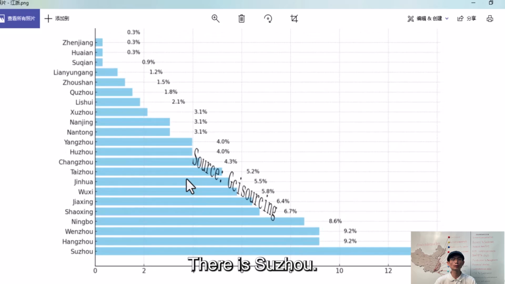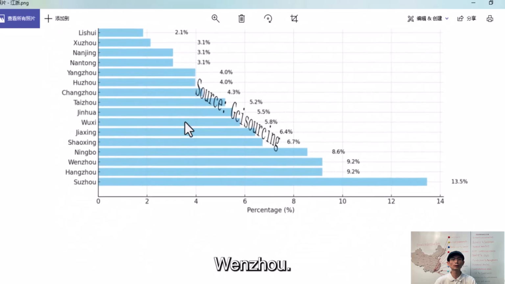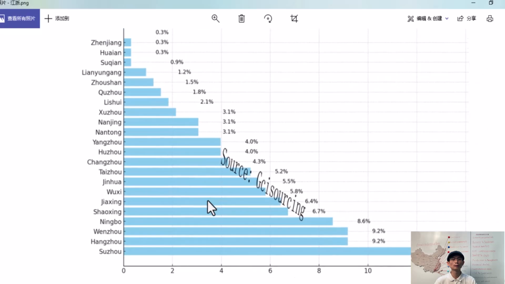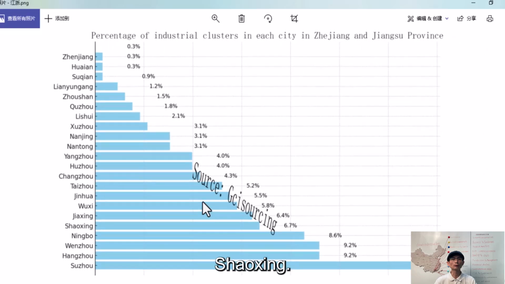There is Suzhou, Hangzhou, Wenzhou, Ningbo, Shaoxing, Jiaxing, Wuxi.